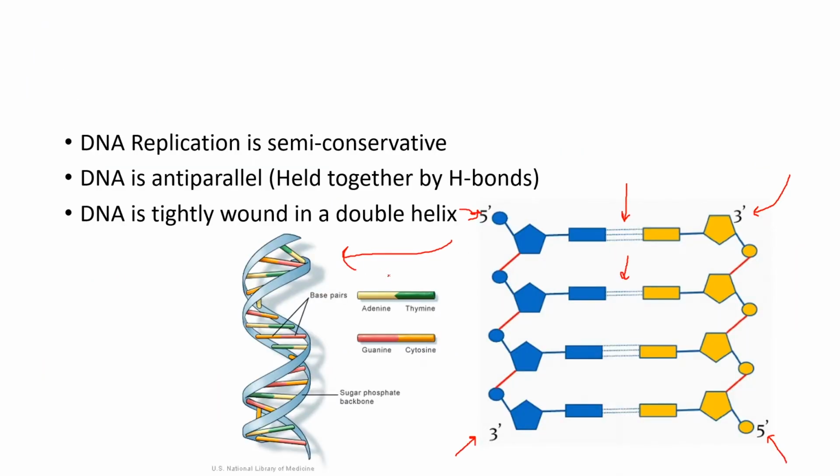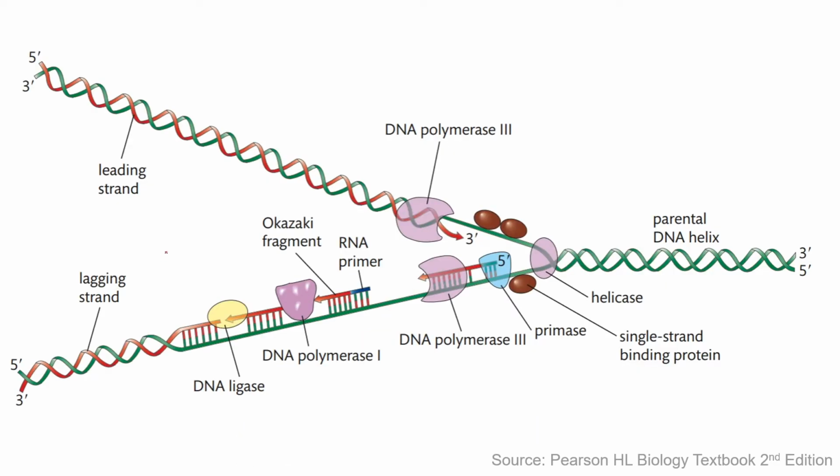So the job of the first enzyme in the process, DNA gyrase, is to relieve tension in this double helix. It's essentially making it more relaxed, so to speak, and allowing the rest of the enzymes to work. Like we said, this diagram can appear very complicated, but we can break it down into sections and understand what is going on.